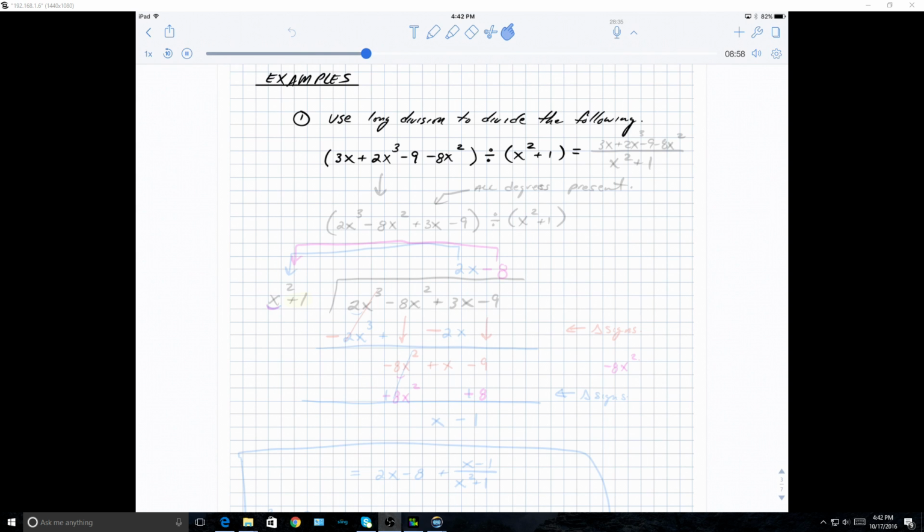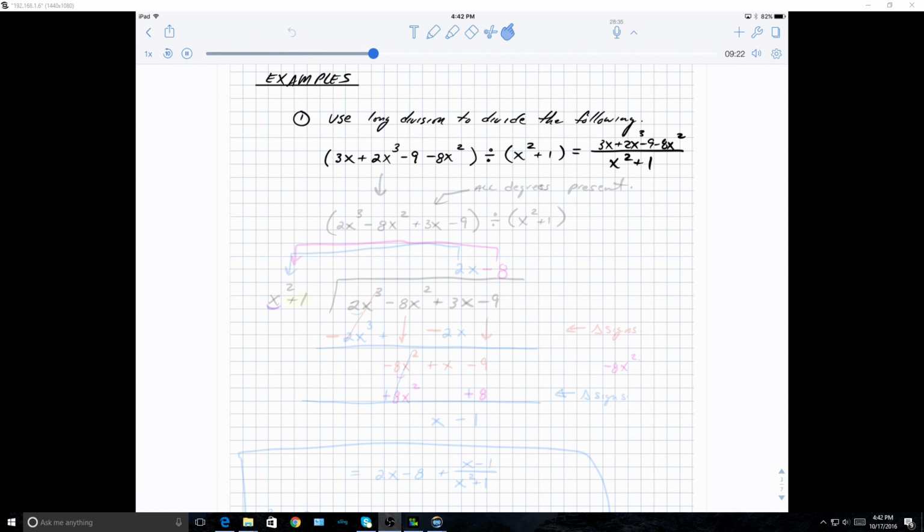But just to remind everybody, we can rewrite this also as 3x plus 2x cubed minus 9 minus 8x squared, all divided by x squared plus 1. So these are equivalent statements, and I just wanted to remind everybody about it.